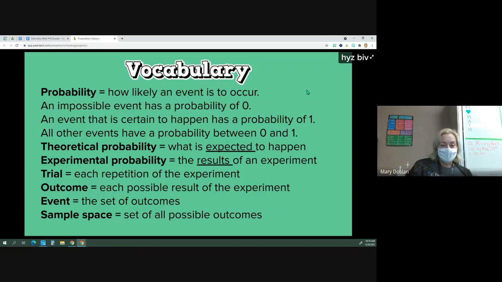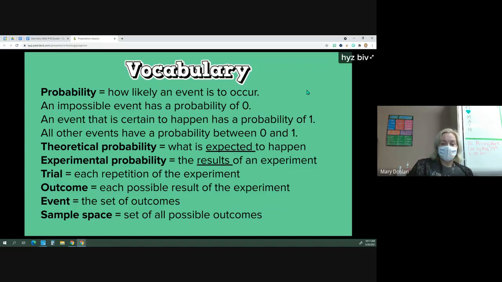Whereas experimental probability, those are the results of an experiment. So if you take a coin and you flip it 10 times, 4 times it lands on heads, 6 times it lands on tails, well, now your experimental probabilities are not the same as the theoretical, okay, because experimental is actually what did happen. It's the results of doing an experiment.